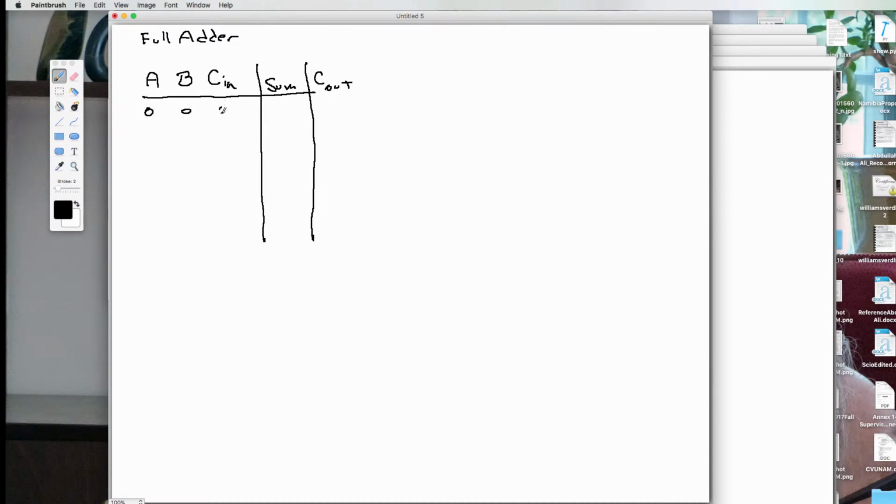And we go ahead and we make our truth table. Let's go ahead and fill this in.